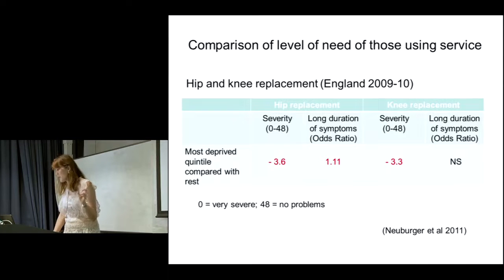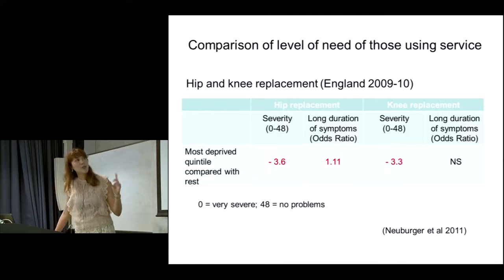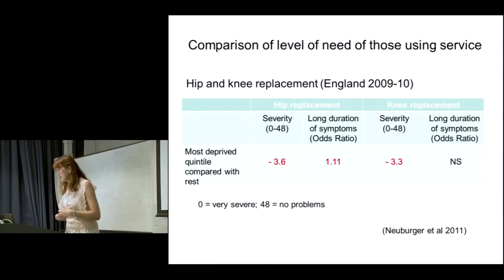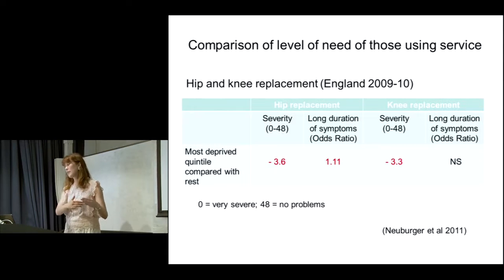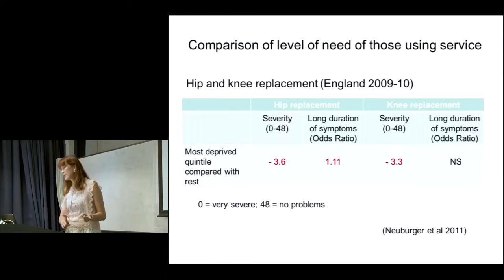They have 3.6 points less in their score, so they're more severe than those who have higher socioeconomic status. So they were in greater pain, had greater symptoms at the point when they had surgery. We don't know anything about those people who didn't access healthcare. This is just at the point when they had their hip replacement. And also those people who are more deprived are 11% more likely to have a longer history of symptoms than those who are less deprived. And these are statistically significant.